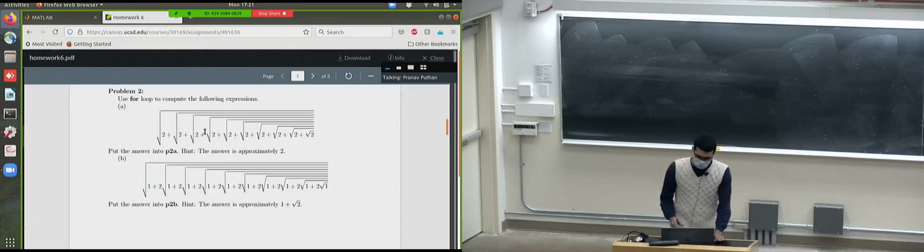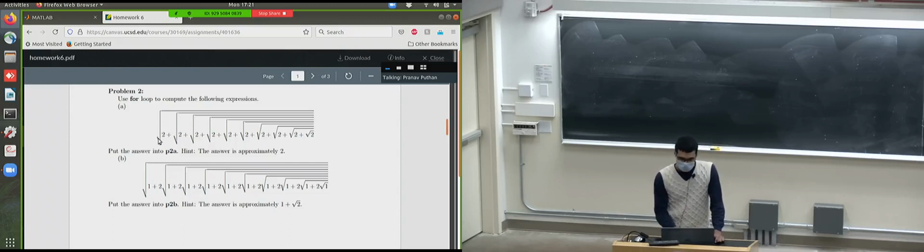So if you want to use a for loop in this kind of scenario, all you need to do first is to figure out the number of square root operations. Okay? So for example, in problem 2a, if you count the number of square root operations, can anyone tell me how many square root operations are there? 10.